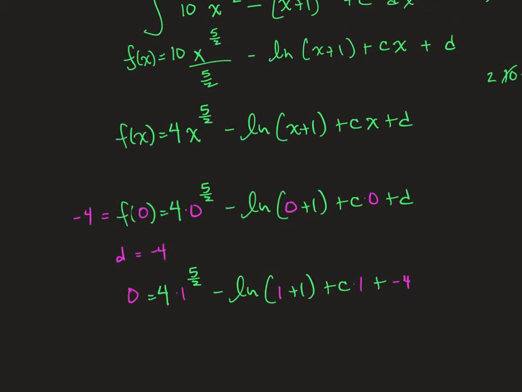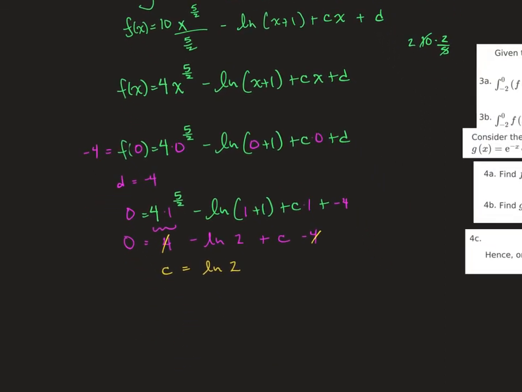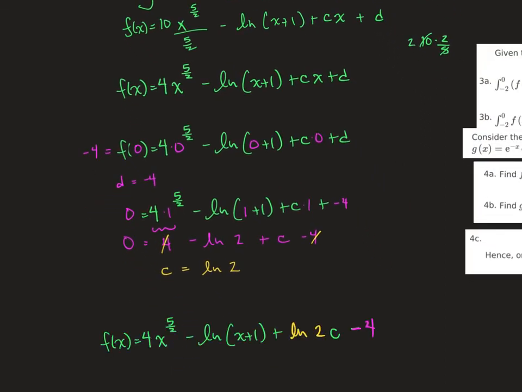And then the other one said that f of 1 is 0, so here we just get 4 minus the natural log of 2 plus c minus 4 is 0. Those 4's simplify for us, and then we get that c is the natural log of 2. So our final function is this.